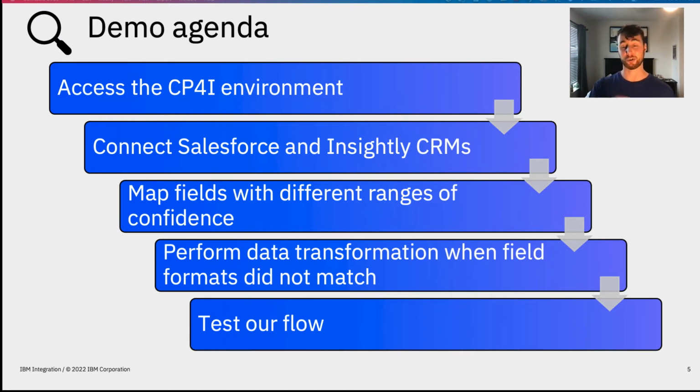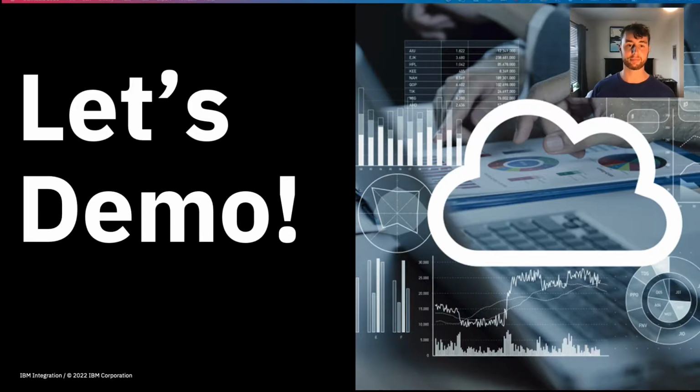We can just drag and drop different features, and we can do it all within a couple minutes. And then finally, we'll test our flow and make sure that when we call our API, the Salesforce contacts will be seen in Insightly CRM. So with that, let's go ahead and help out Javier and start connecting those two CRMs.